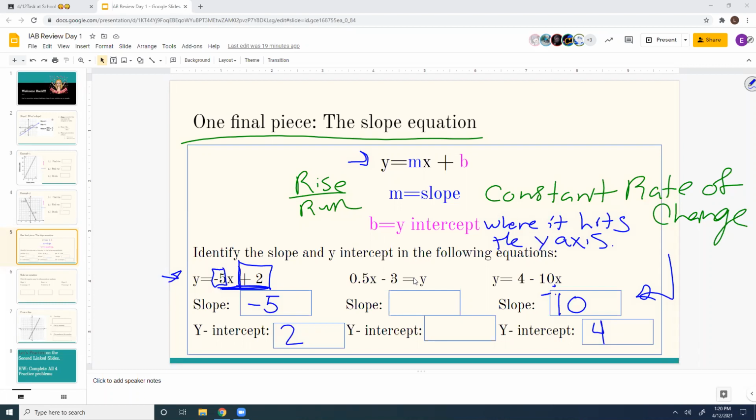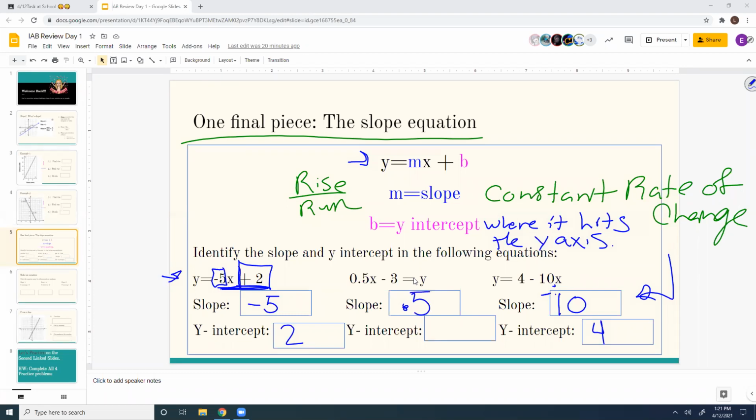Next one here, the middle guy. Probably the trickiest of the 3, in my humble opinion. Let's take a look at our slope for this one in the center. What's our slope going to be? Diego: 0.5.